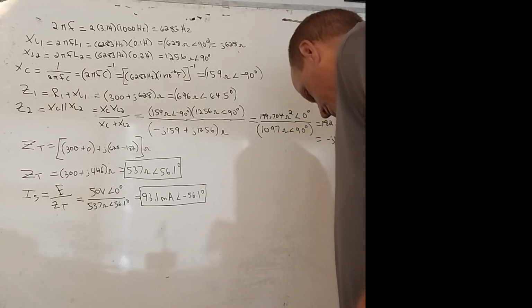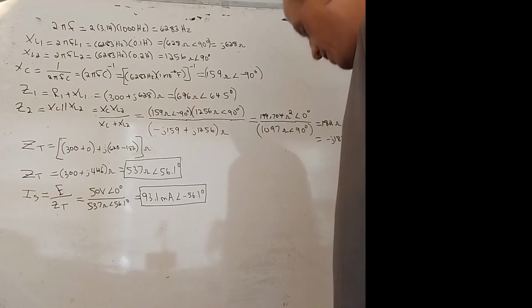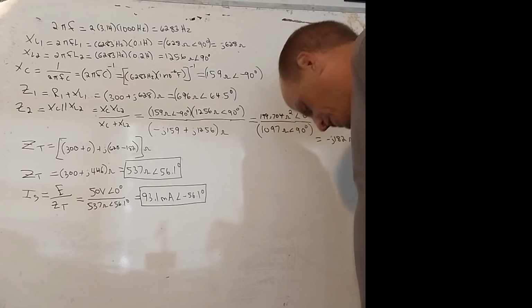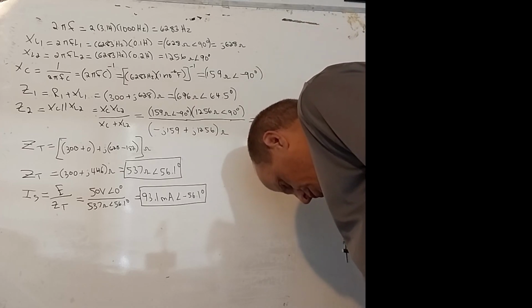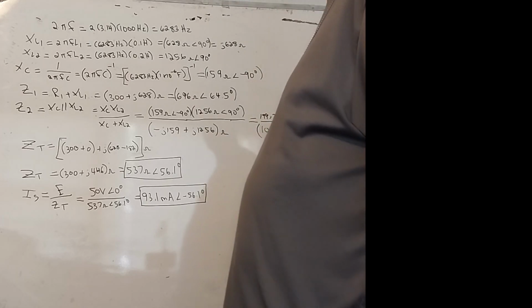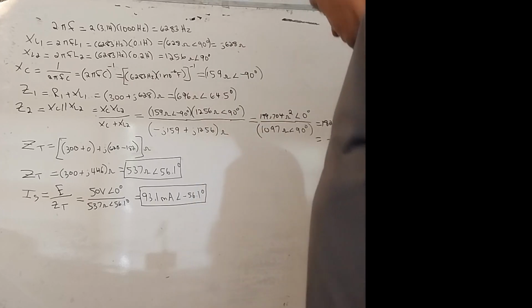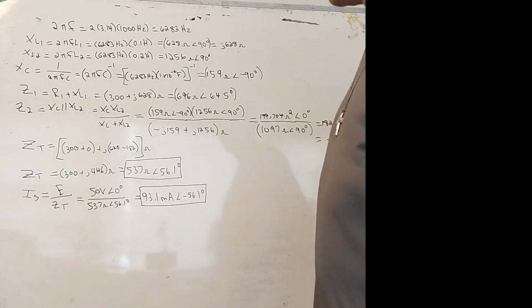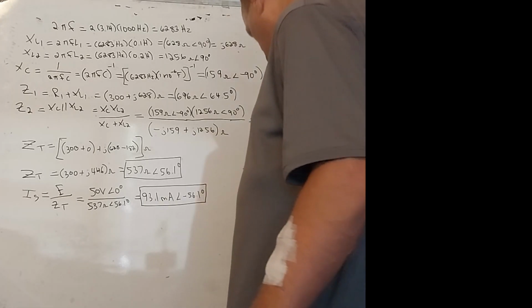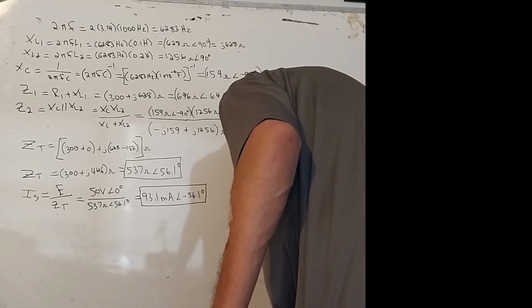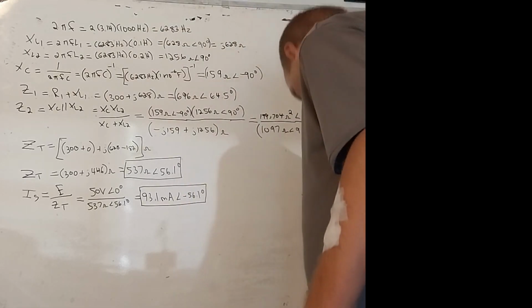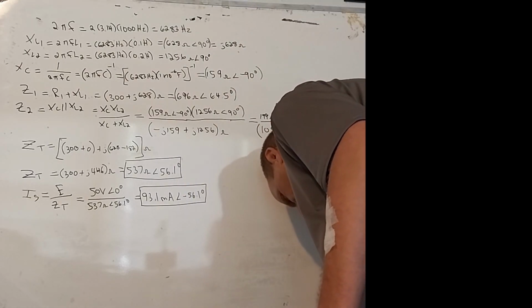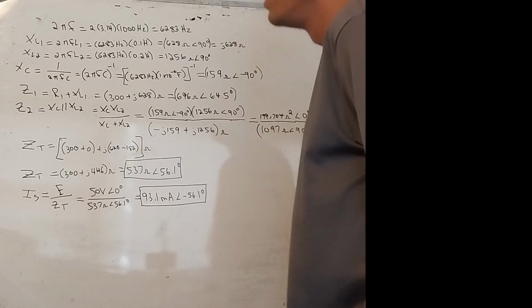There are 6 things they want us to find in this problem. The next are the currents I1 and I2. There's no solution in this book. It just shows the answers in the back. They also want us to find the voltages V1 and VAB.